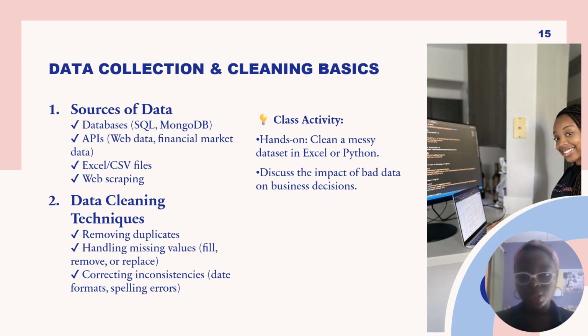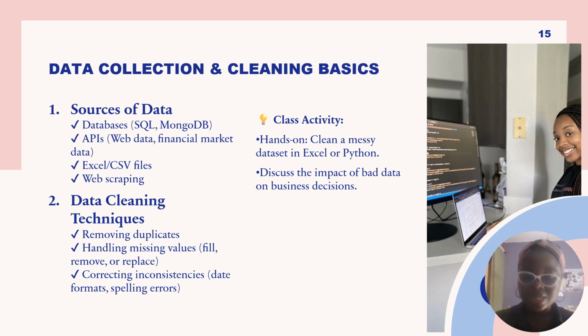And there are different ways to clean our data. The number one thing when cleaning our data is to check for blanks, because most times some data is not properly filled. That is the number one step as a data analyst.